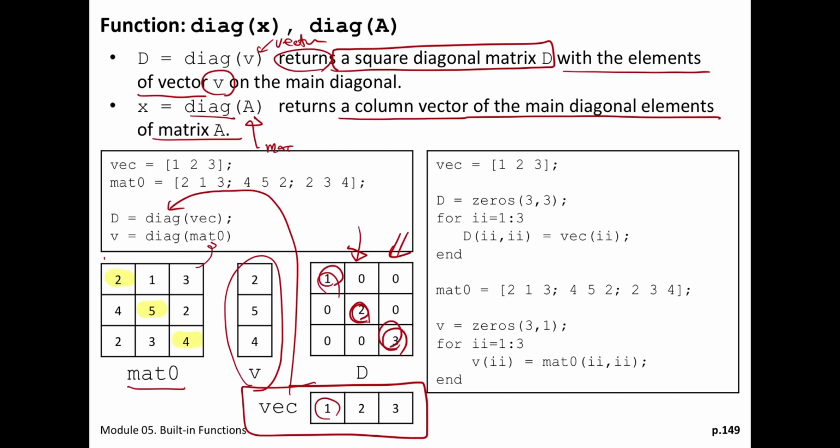How? We can use just a single loop structure, because the indices for row and column are the same. So referring to this position in the D matrix and then plugging in those values to here. Okay? In this case, you don't have to design the double loop structure.